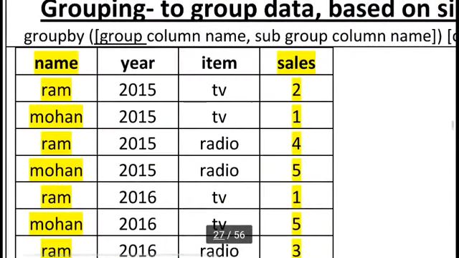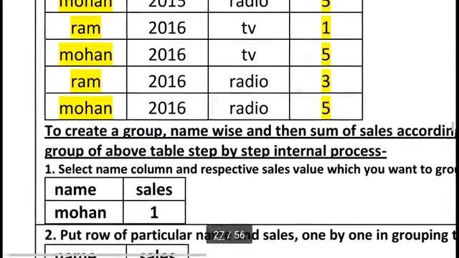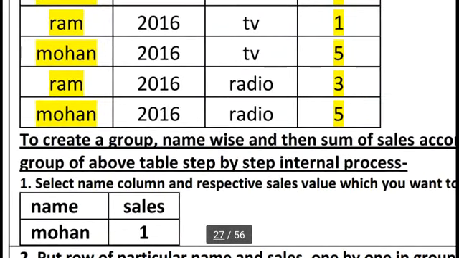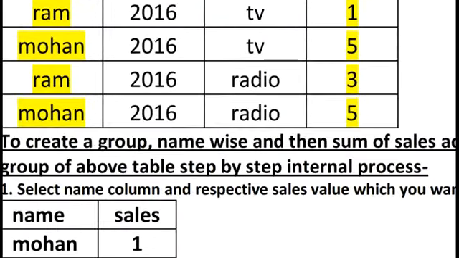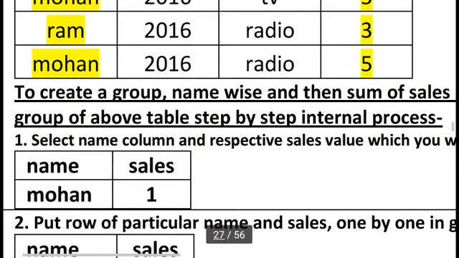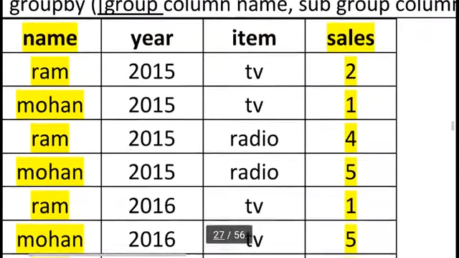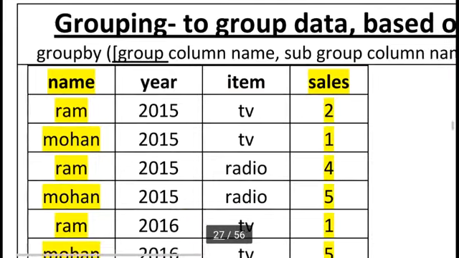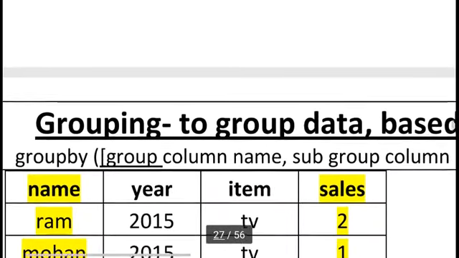Suppose here I want to do name wise grouping. Simply, I want to analyze a particular salesman's performance name wise. So I select the name column, and here I select the sales column. So name, sales. Here you see Ram, Mohan, and the sales is 1.